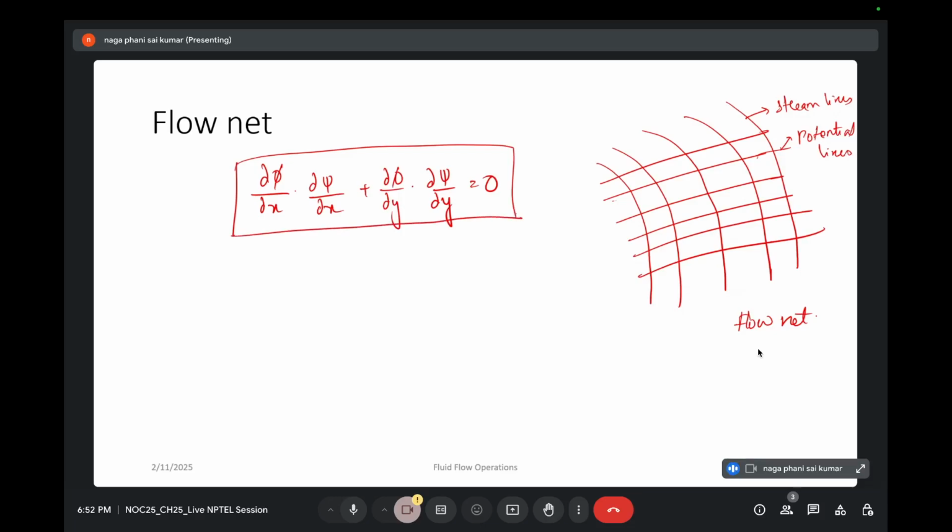Okay, and it is also important to analyze flow problems in which boundary configuration and flow conditions are such that the mathematical analysis is difficult. The best example for this flow net will be flow through a Francis turbine runner. You can observe this here. When you are analyzing flow through a Francis turbine runner, this will be useful.